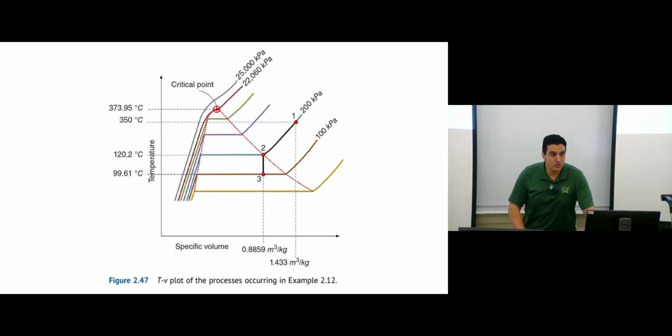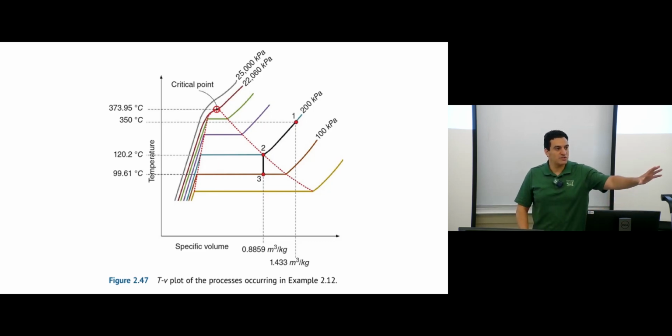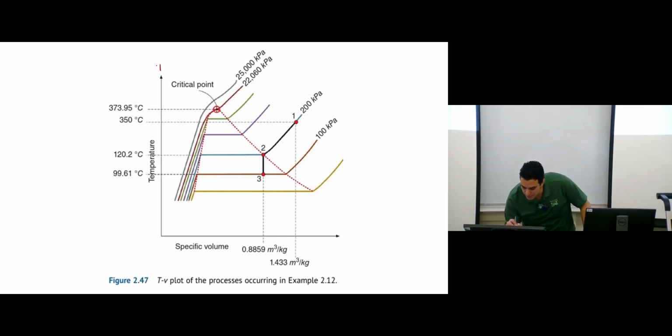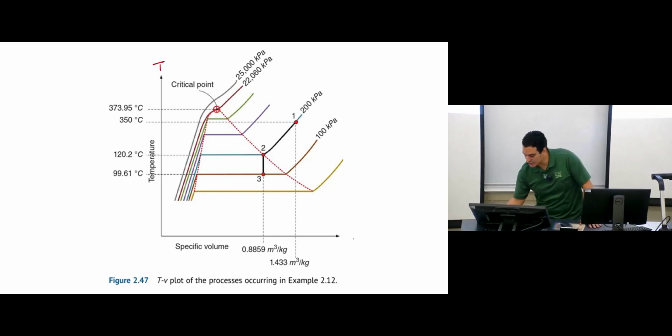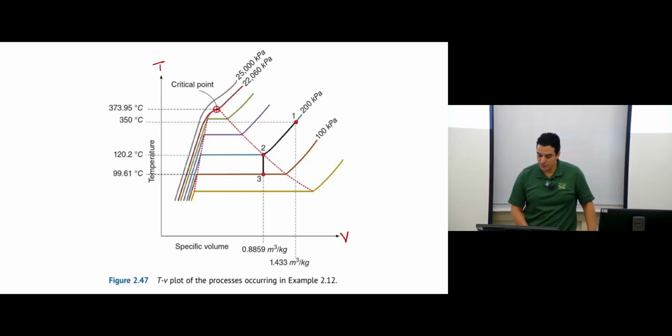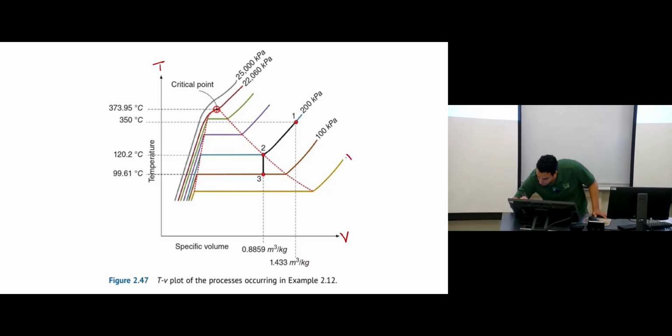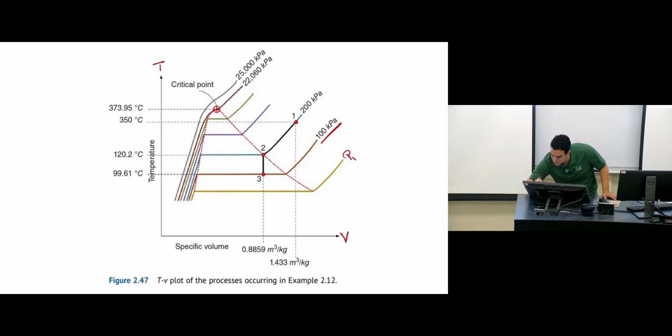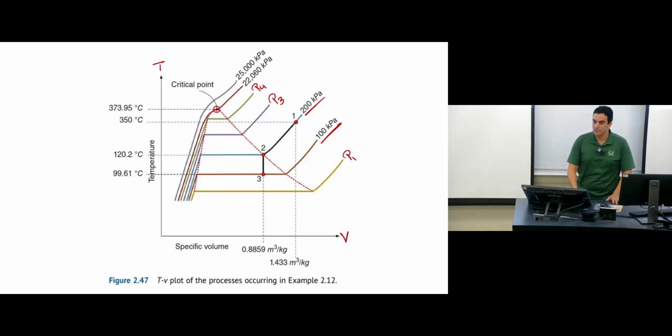Do you think the pressure value will come from the y-axis? The y-axis is for what? Temperature. The x-axis is for what? Volume. So each curve you have represents a pressure. This curve is for a certain pressure, let's call it P1. This is for a different pressure, this for P3, this for P4, and so on.